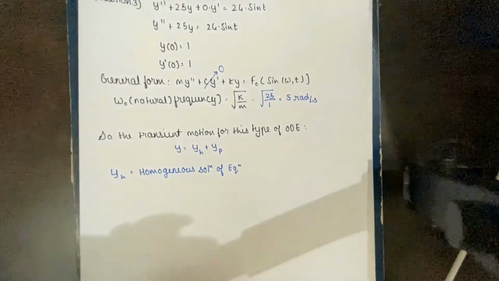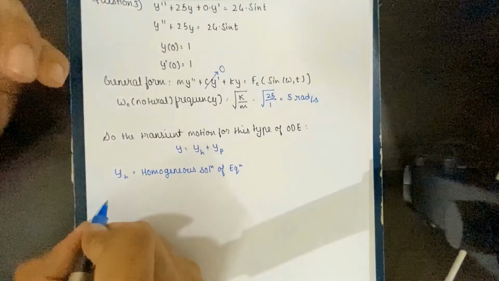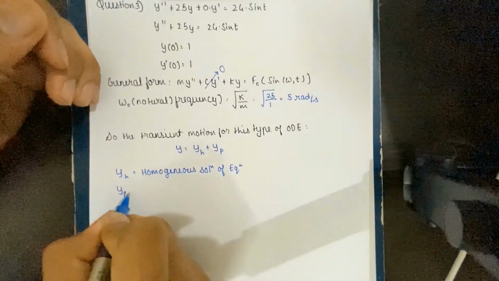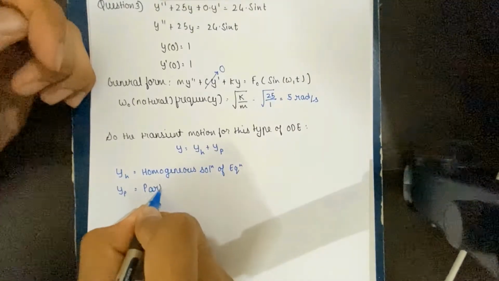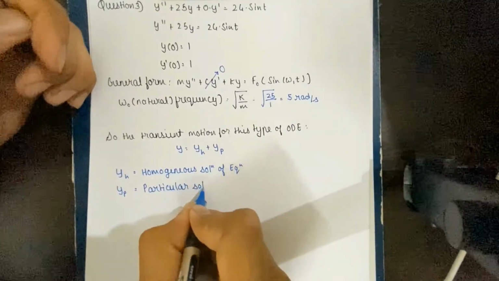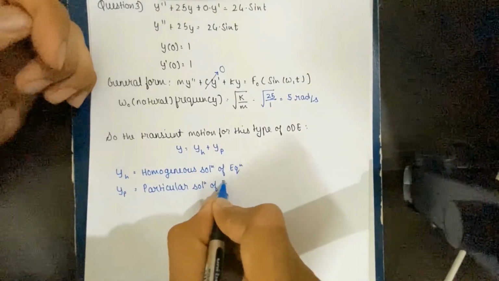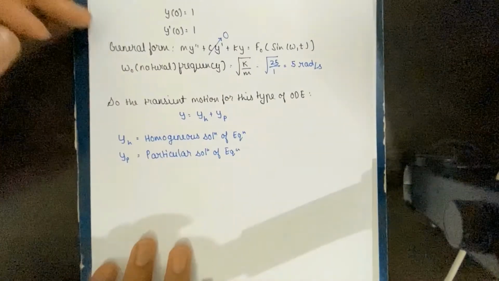That is called the homogeneous part. So yh is the solution of the homogeneous part, and yp is the particular solution of the equation. So first let's calculate yh.